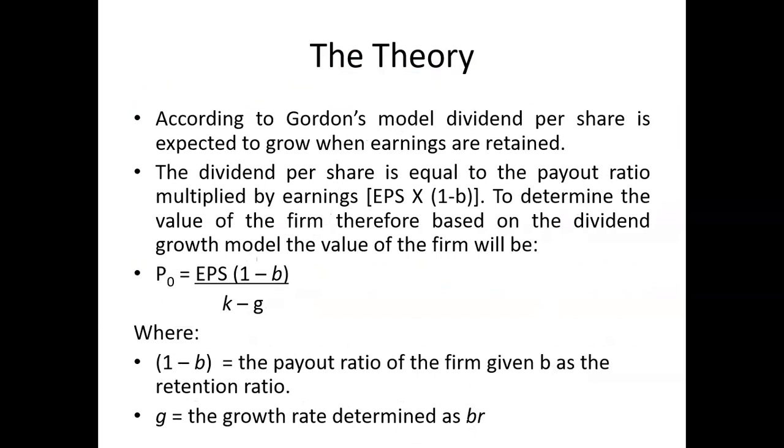Here 1 minus b is the payout ratio of the firm, given b as the retention ratio, and g is the growth rate of the firm. Here, Ke must be greater than g, otherwise it will become 0 or negative. So it is very difficult to attain the share value of the company.